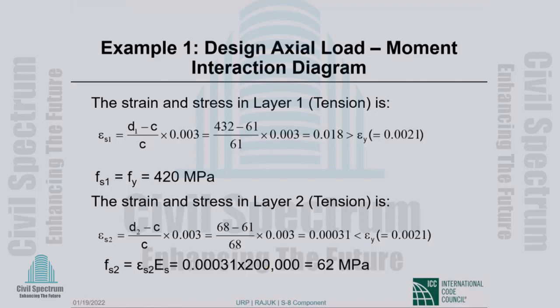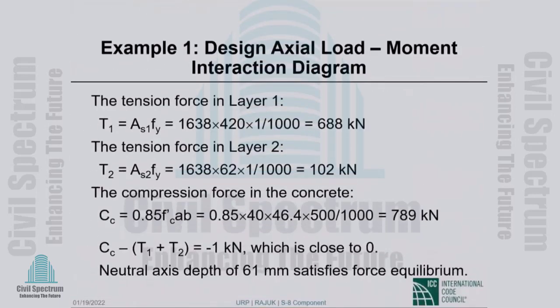That gives us 62 megapascals in the upper layer of reinforcement. So T sub 1 is 688 as before. T sub 2 is the area 1638 multiplied by the 62 MPa that we just calculated. That is another 102 kilonewtons.